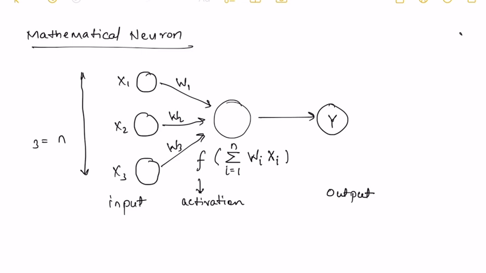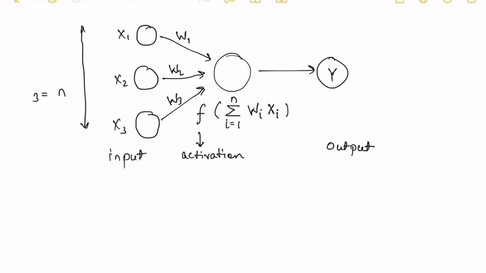So given three inputs, we would multiply each of these values with a corresponding weight value, sum them up, and then pass them through a nonlinear activation function, and that is what the output of this neuron would be. So yeah, you can see how we came about defining a mathematical neuron using the same intuition that is understood from a biological neuron.